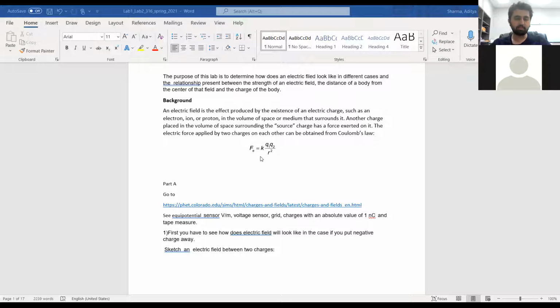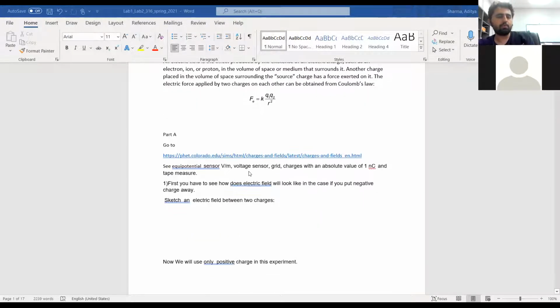So it's a very similar equation that we have for the electrostatic force. This is called Coulomb's law. I don't think we really need to discuss this. This is pretty simple, so let us move on to what you have to do.